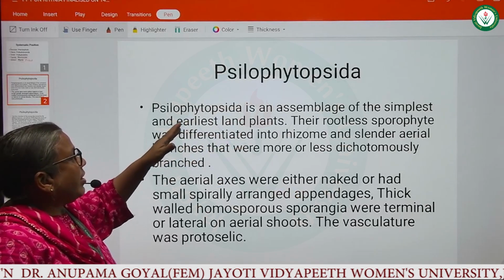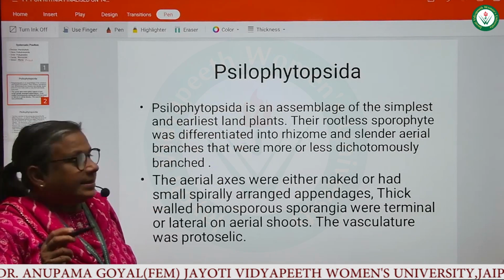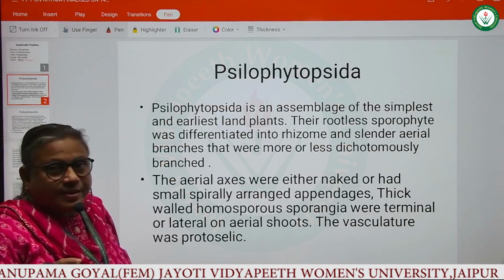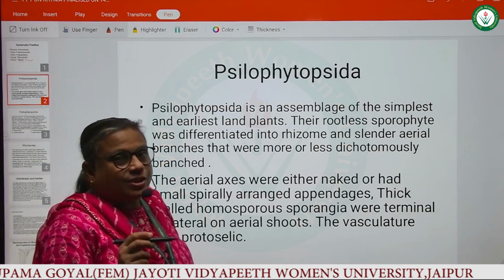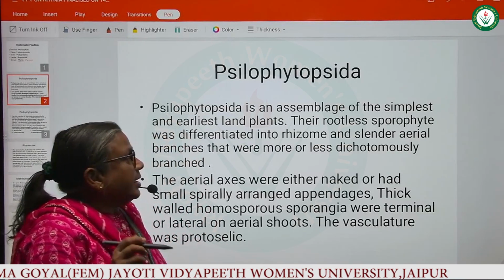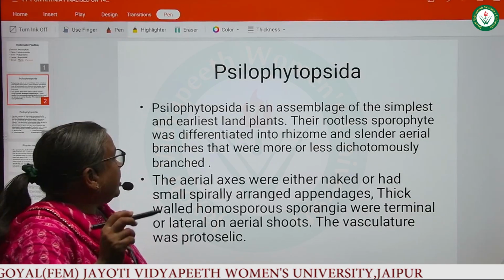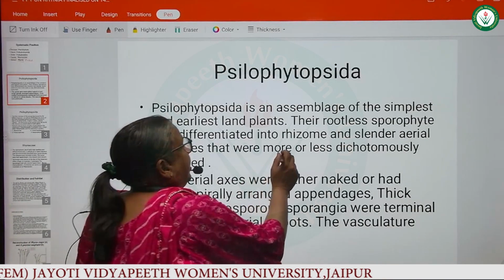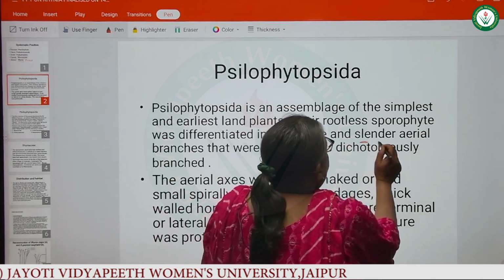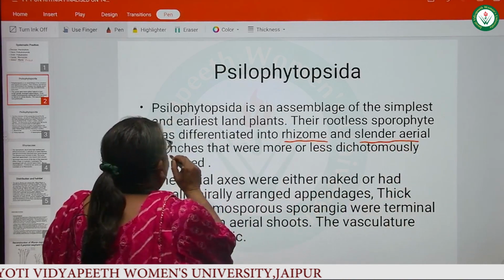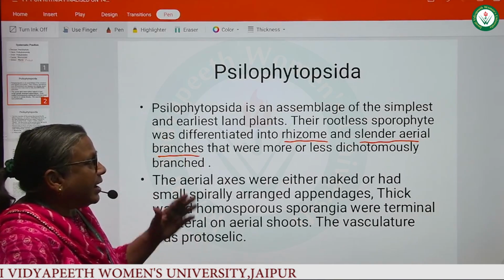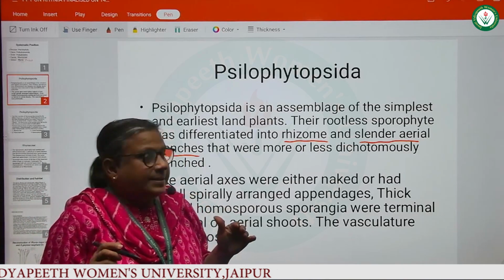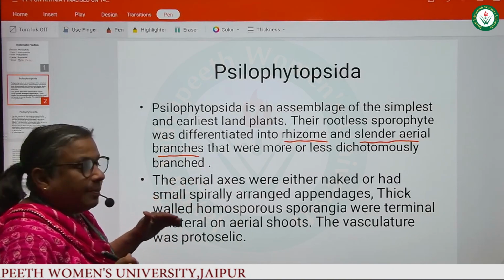So Xylophytopsida is an assemblage of the simplest and earliest land plants. Their rootless sporophyte was differentiated into rhizome and slender aerial branches that were more or less dichotomously branched.